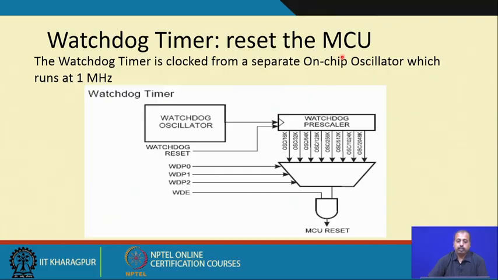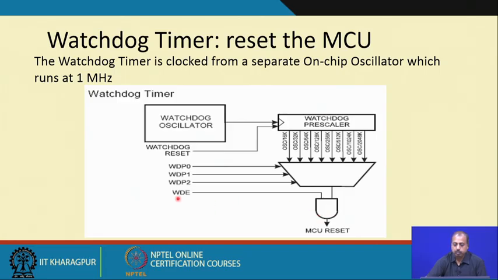Then we have the watchdog timer. It will be clocked from a separate on chip oscillator running at 1 megahertz. We know that if any of these events occur, it will send an MCU reset.